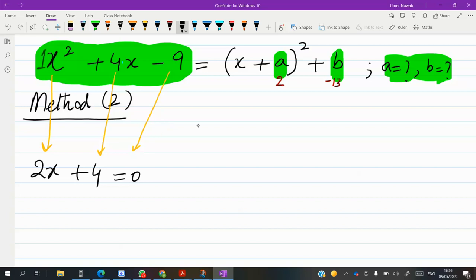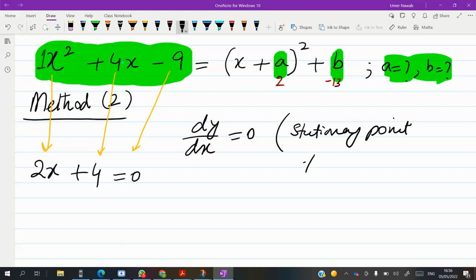You remember in calculus, in differentiation, we were finding dy by dx and putting it equal to 0 because the question was saying to find the stationary point or turning point, or the point where the gradient is 0.